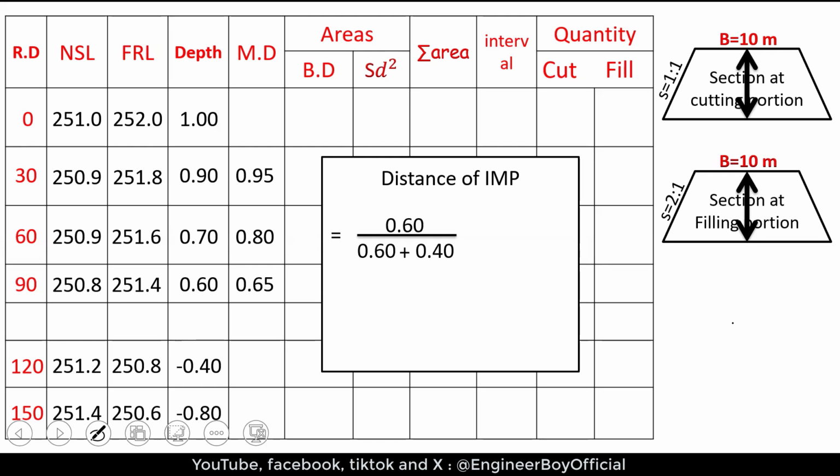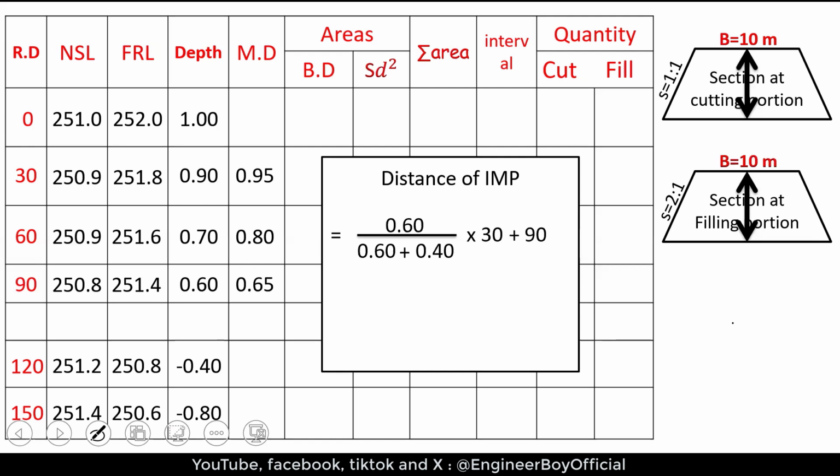This is the same thing as similarity of triangles, the same way as we determine the point of contraflexure, if you're a little bit familiar with structural analysis. Then we will multiply this with the interval, or the distance between two stations, which is the distance between station 90 and 120, so it's just 30.